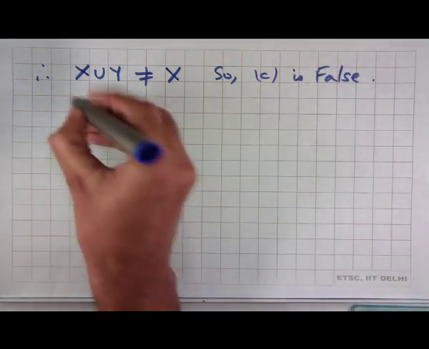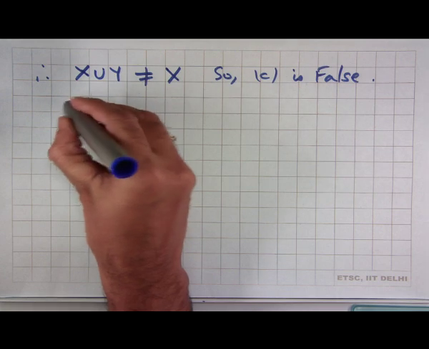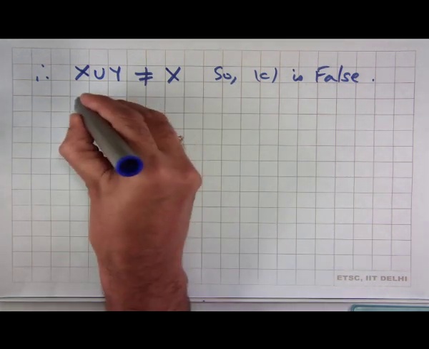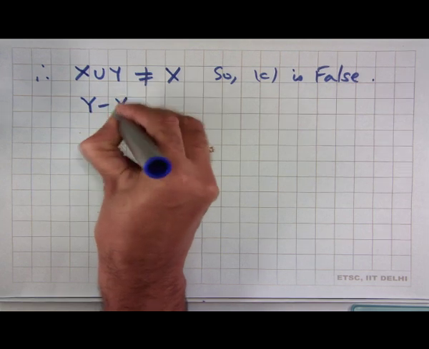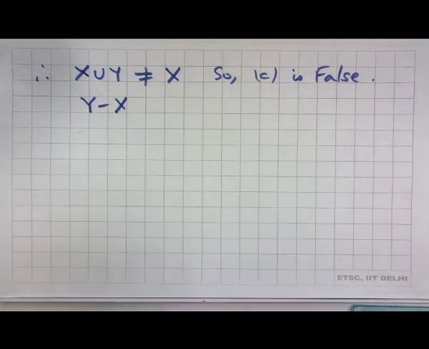and B says that Y minus X, can this be equal to X union Y?